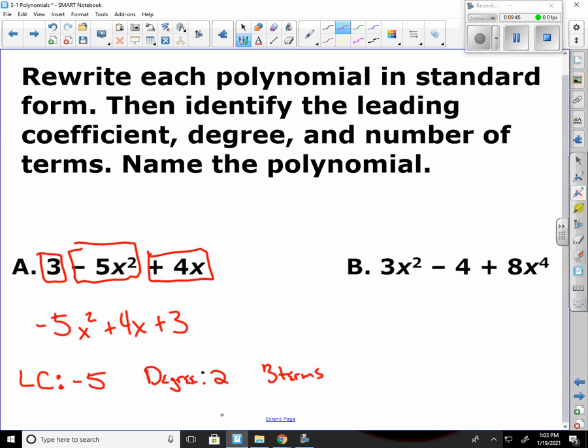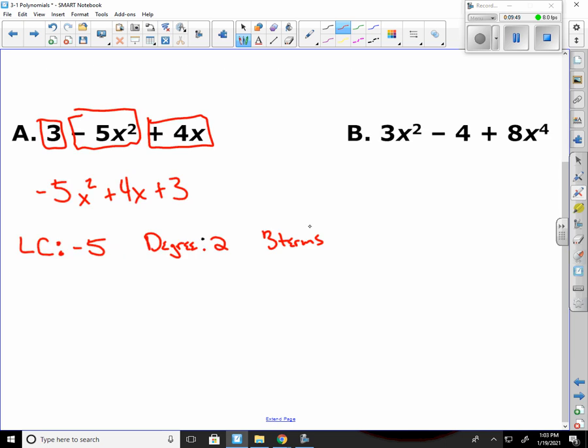And now I can use my degree and number of terms to name this. It has a degree of 2, which means that it is a quadratic. Almost spelled quadratic wrong. A quadratic.